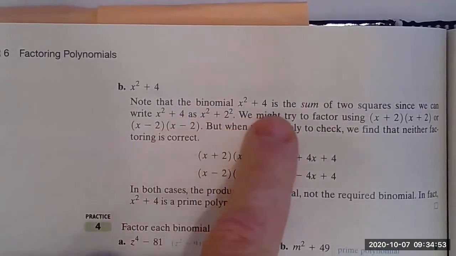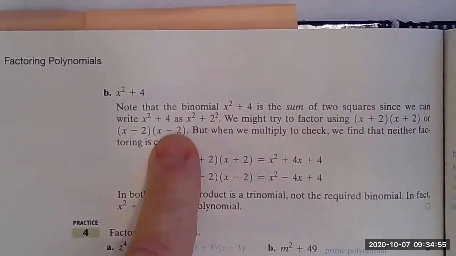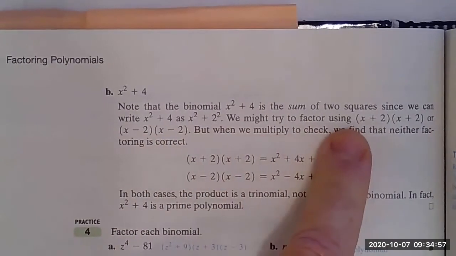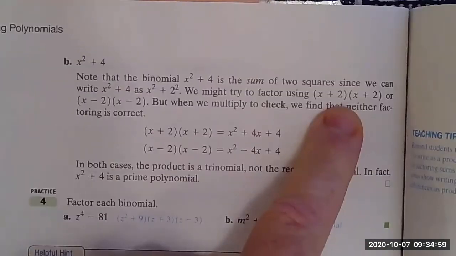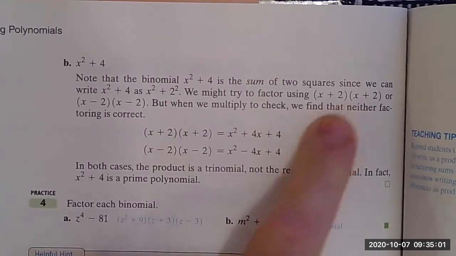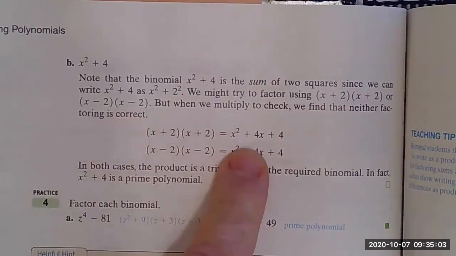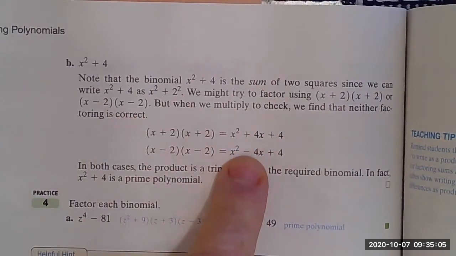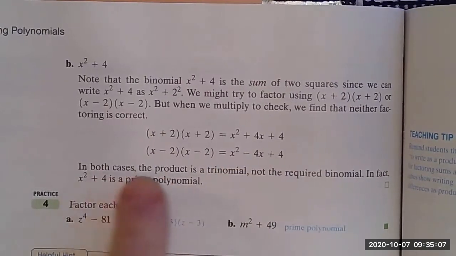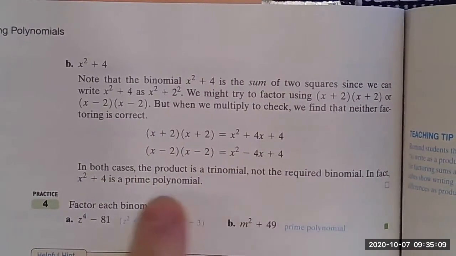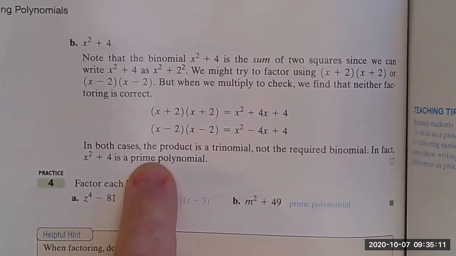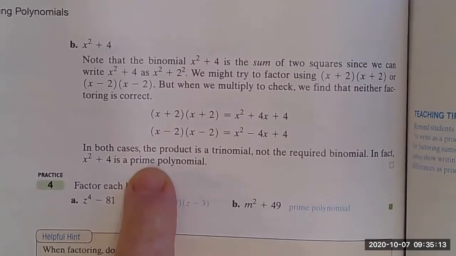Note that the binomial is a sum of squares. You might try factoring it that way or that way, but when you multiply it, you don't get the original. So prime. See, they even do that one, prime.